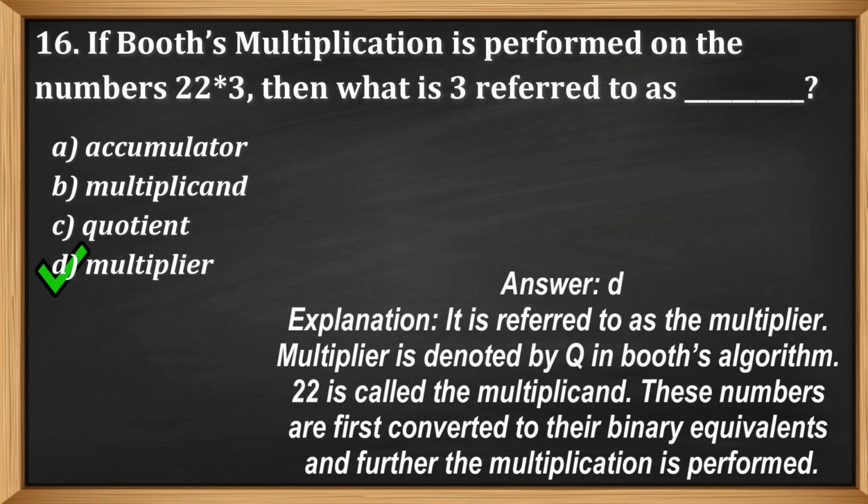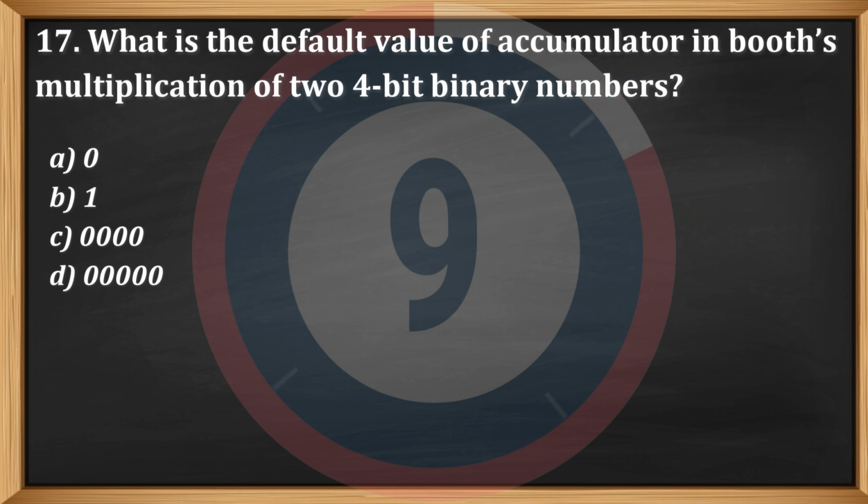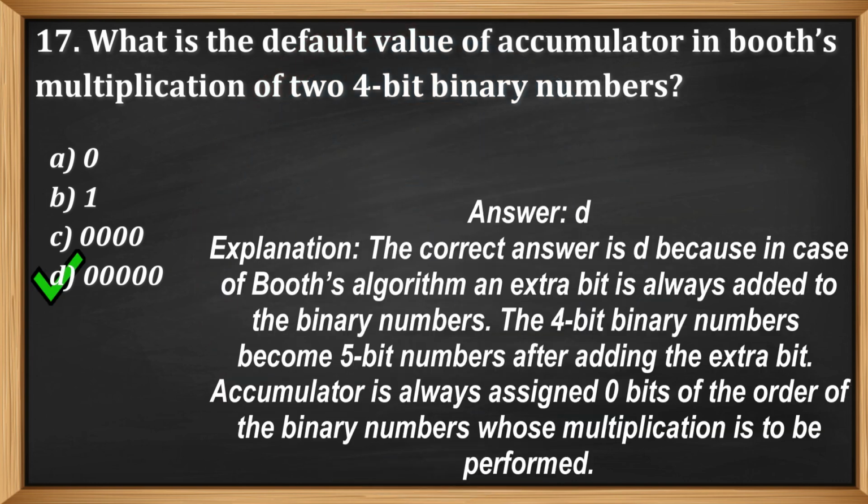Option D, multiplier. What is the default value of accumulator in Booth's multiplication of two 4 bits binary numbers? Option D, 5 times 0.